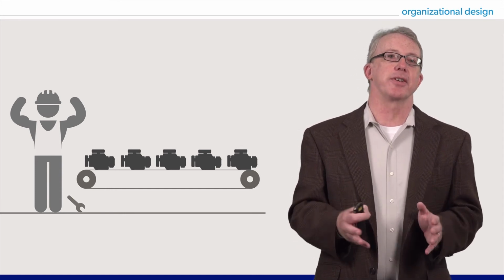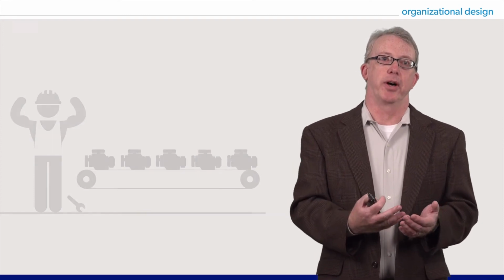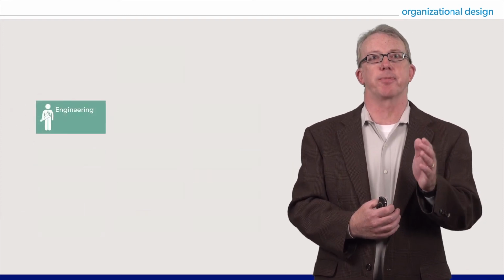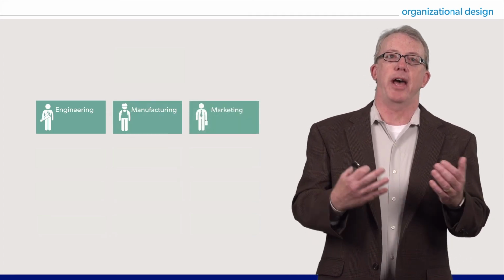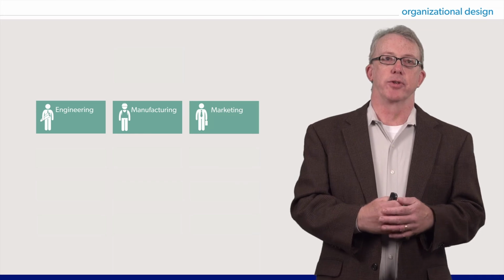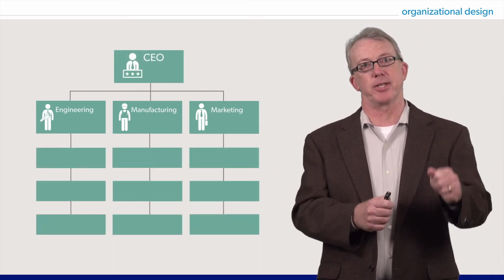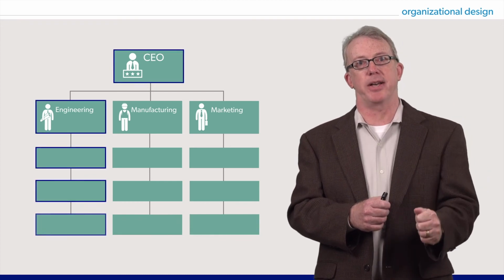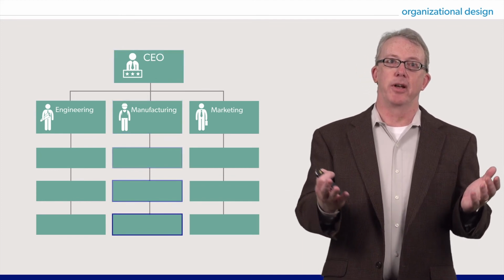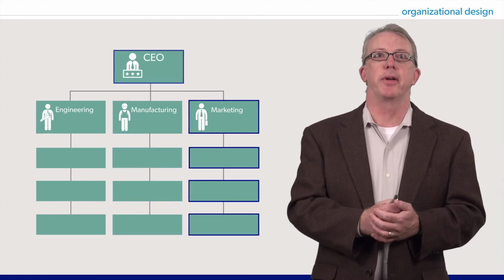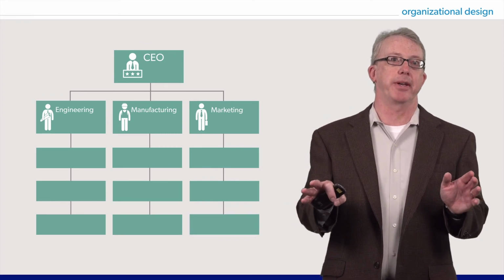And therefore, the first design that most organizations organize around is a functional one. So we have specialists in engineering, specialists in manufacturing, specialists in marketing. What happens in this design is that there's only one place in the organization where all the information comes together. So information has to be passed up to the top and decisions are passed down through these silos. This is great in terms of allowing special expertise to develop, but it becomes cumbersome because there's so much reliance on the big picture being kept at the top.